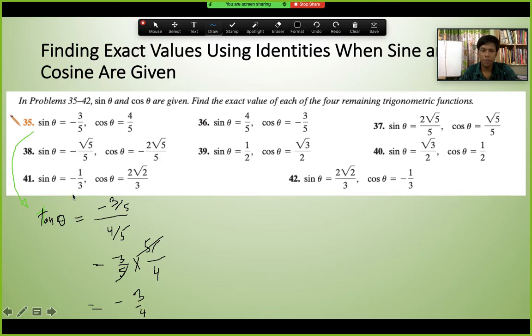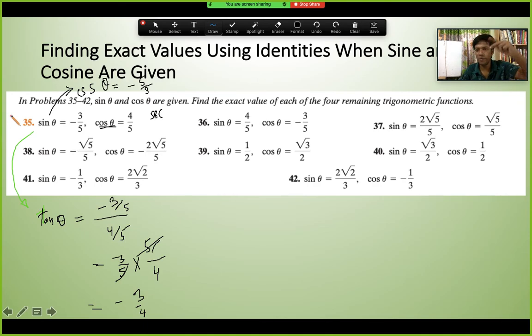Now we have sin theta equals this, cos theta equals this. So cosec theta equals what? Just the reciprocal of sin theta, which is easy. Cosec theta will be minus 5 by 3. Then sec theta will be just the reciprocal of cos theta.